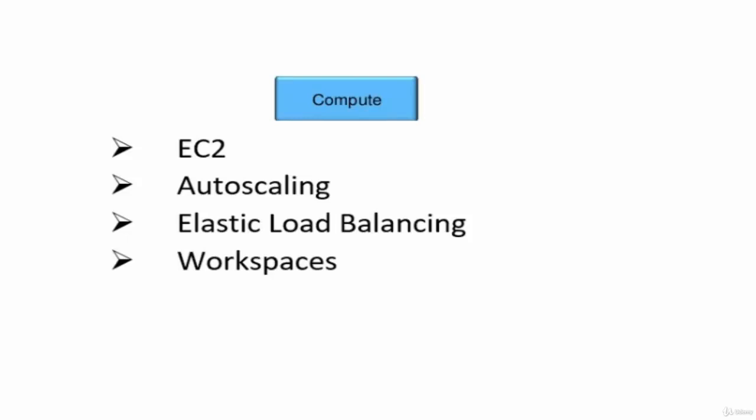Workspaces are nothing but a virtual desktop environment, and it delivers desktop as a service from AWS. Amazon Workspaces is a fully managed, secure desktop computing service which runs on the AWS cloud.